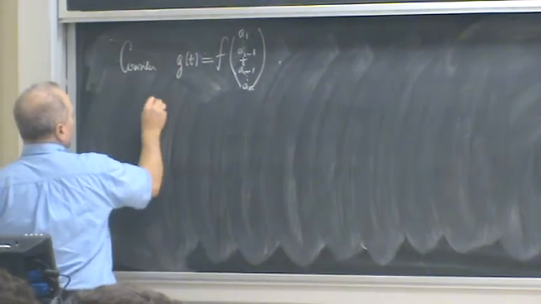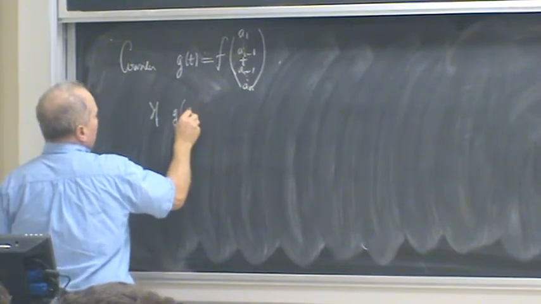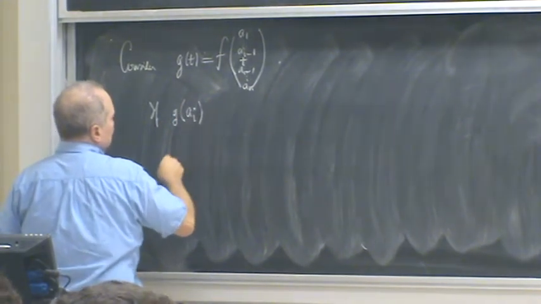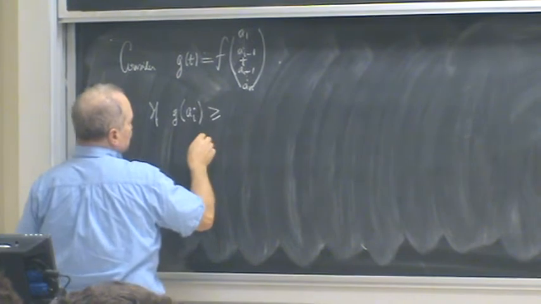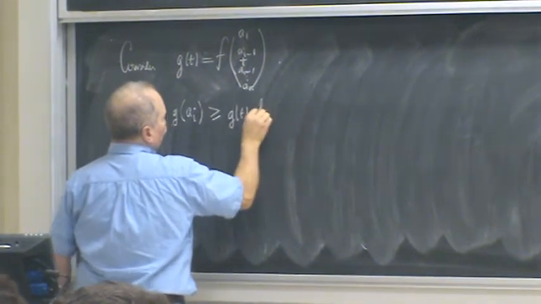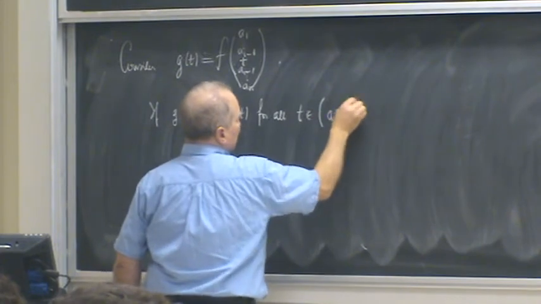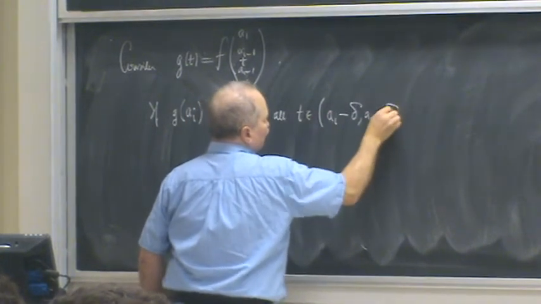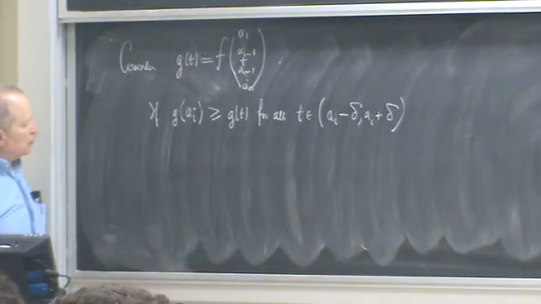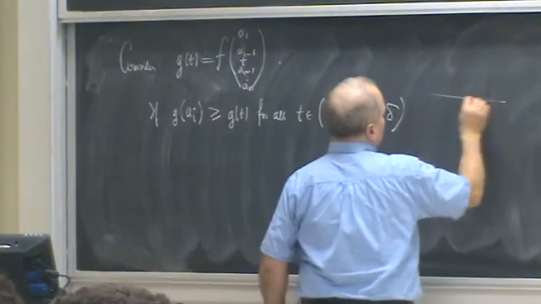So if g of ai is greater than or equal to g of t for all t in a neighborhood, you're looking at a picture exactly like what I was saying.